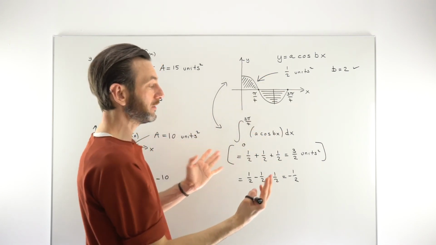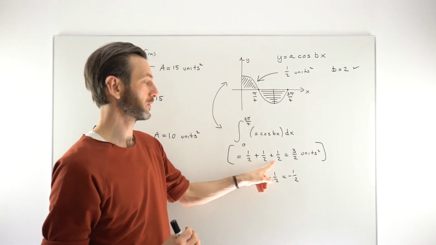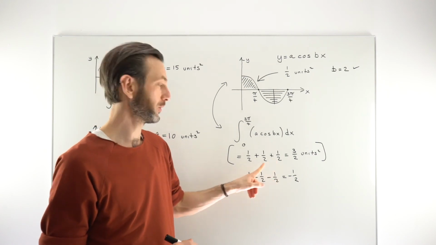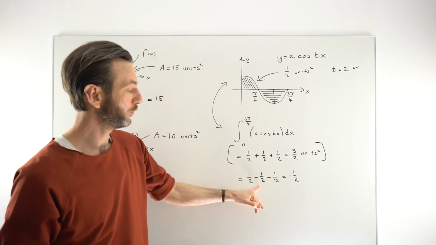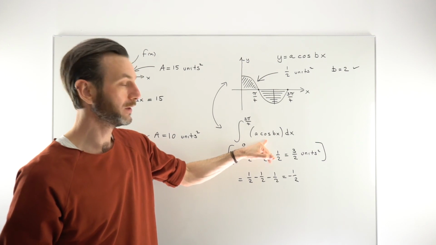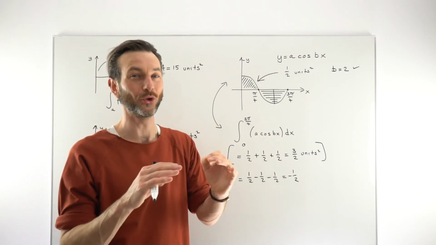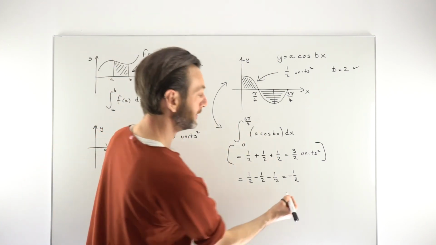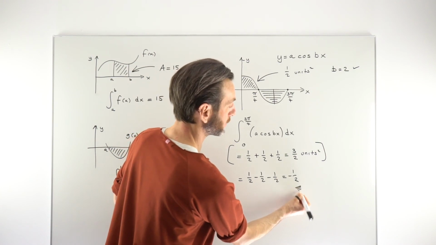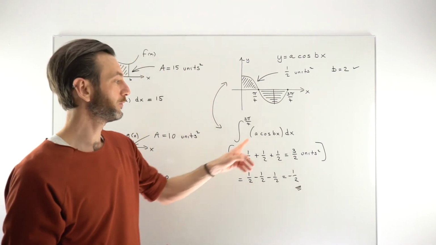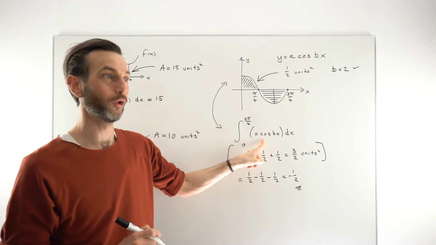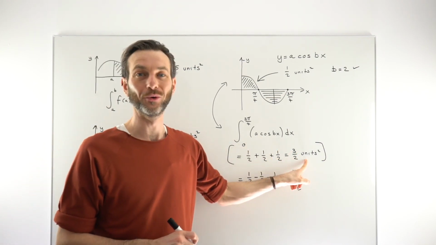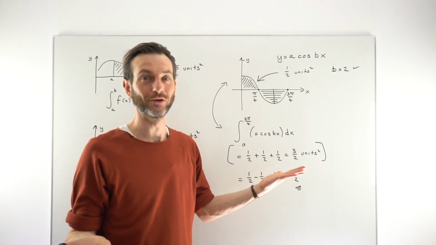If it was an area question, you would ignore the fact that it's below and make it positive 1/2 and positive 1/2. But because we're only evaluating an integral, not finding an area, even though they're almost one and the same thing, the final answer here is minus 1/2, which is acceptable for the evaluation of an integral, but it would not be acceptable as an area because you can't have a negative area.